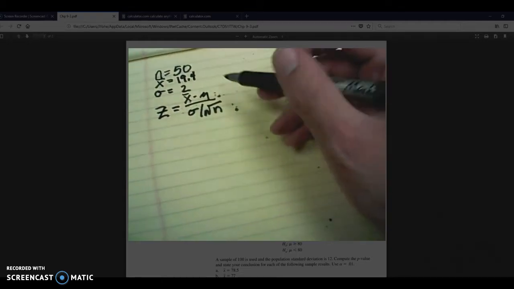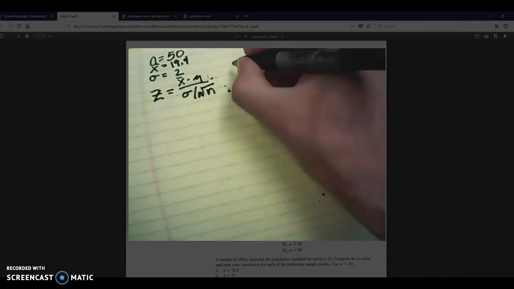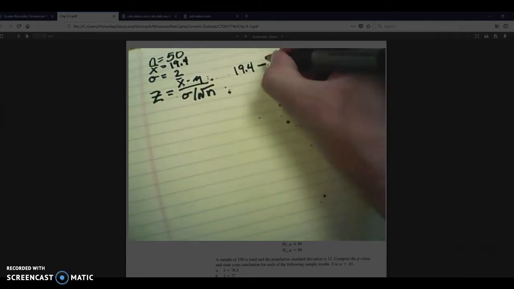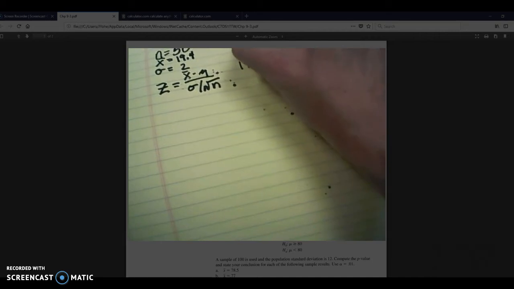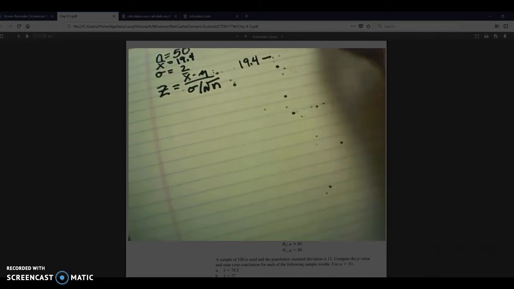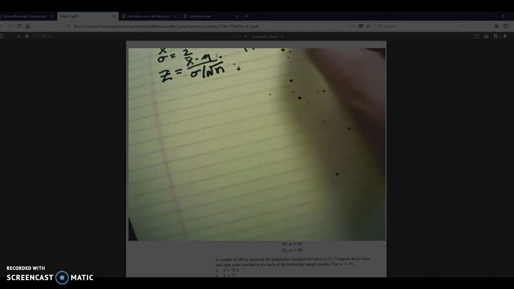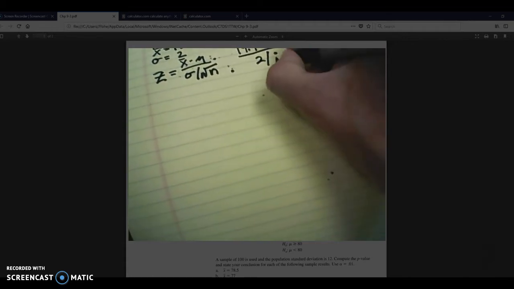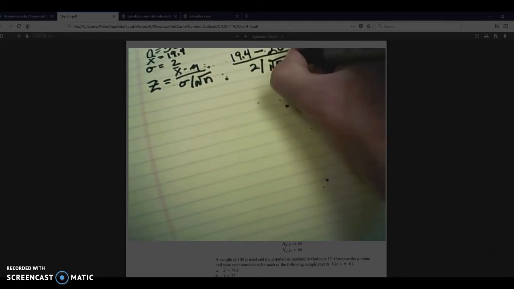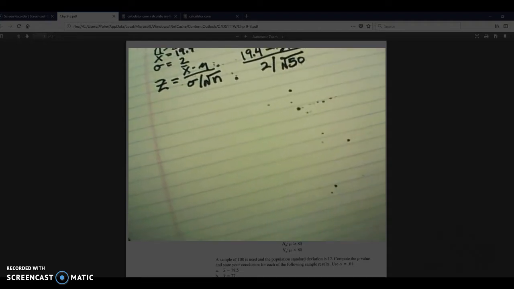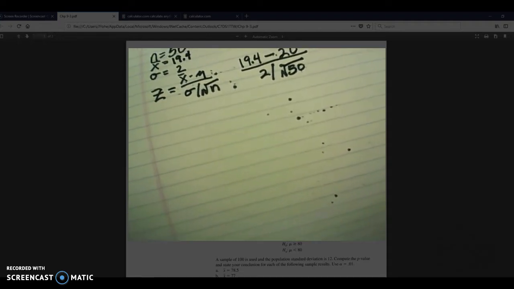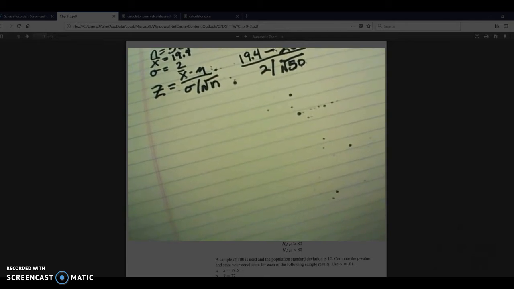X bar is 19.4 minus the mean, which is 20, divided by the standard deviation of 2 over the square root of 50.